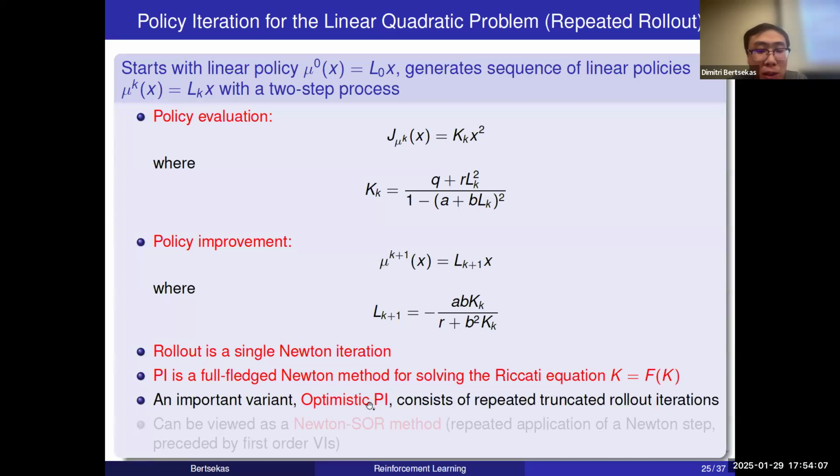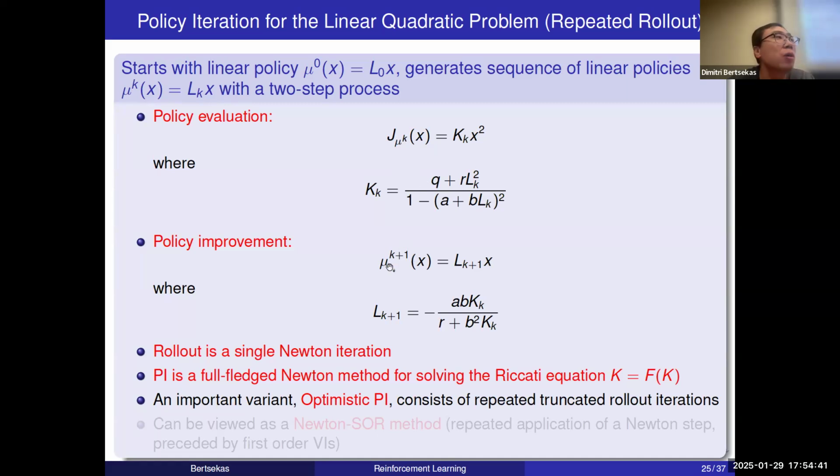An important variant, optimistic policy iteration, consists of repeated truncated rollout iteration. Basically, what I mean here is in policy iteration, given a policy mu k, we calculate exactly its cost function by this formula. But in some contexts, other than the linear quadratic problem, for example, if there are additional constraints on x, then you cannot calculate exactly the cost function of a given policy.